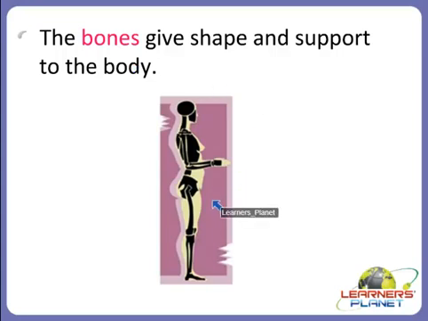You can see in the picture that because of the bones in the human body, the human is able to stand straight, because the bones inside the human body give it the shape and support.